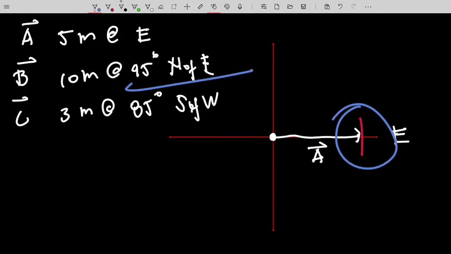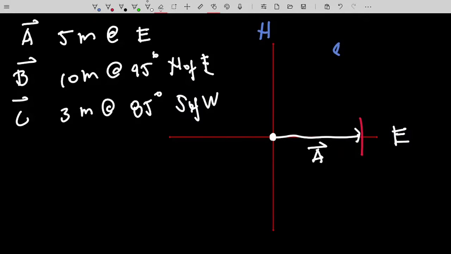Using your protractor, we count 45 degrees starting from your east going to north, because this is our north. Because this is a 90 degrees angle, we just draw like this. This is your vector B, and it has 45 degrees right here. And that is how we draw the second vector.